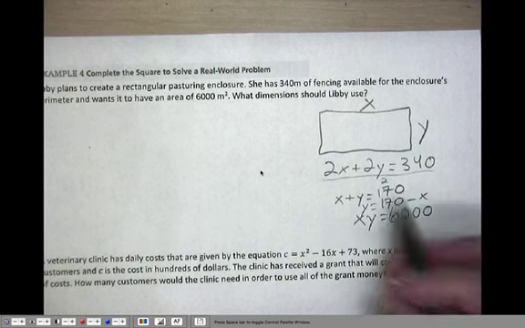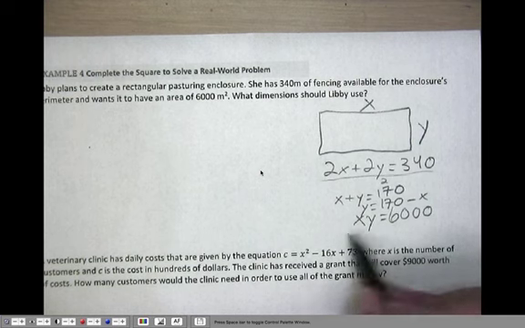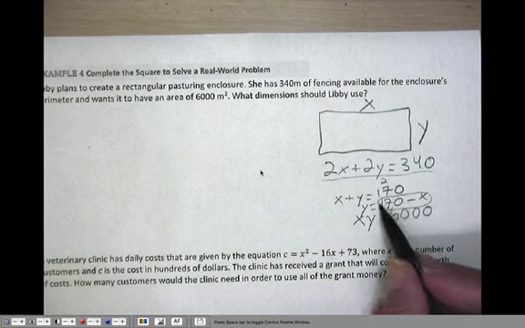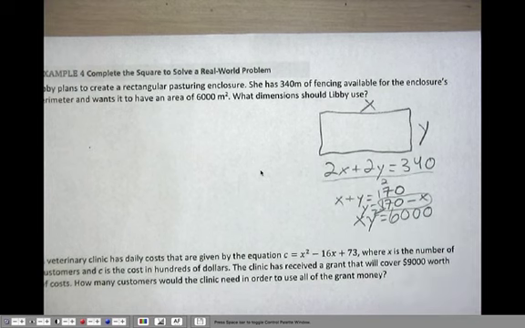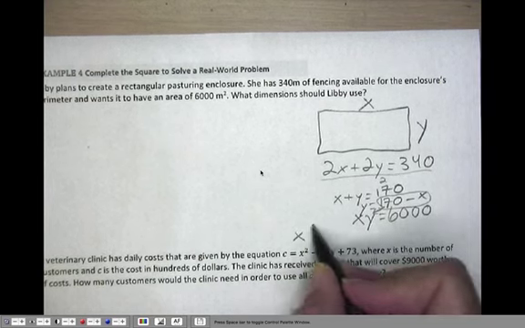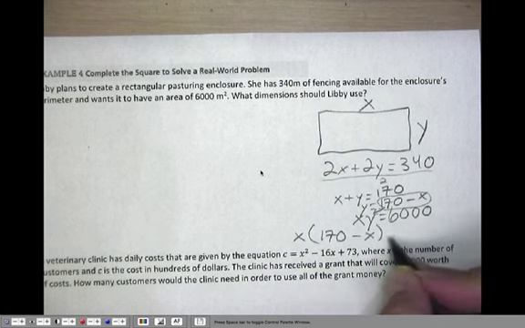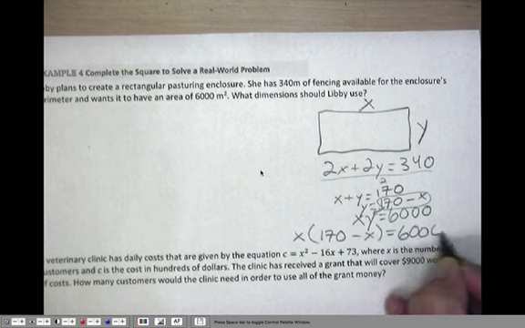So now I'm going to rewrite this area equation plugging in 170 minus x for y. So now I have x times 170 minus x equal to 6,000.